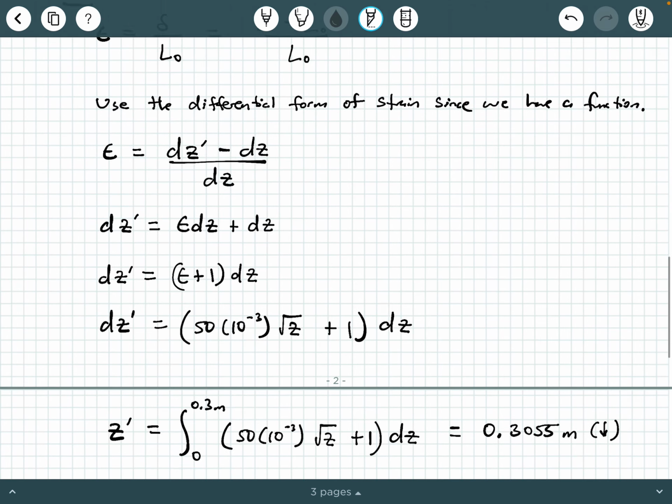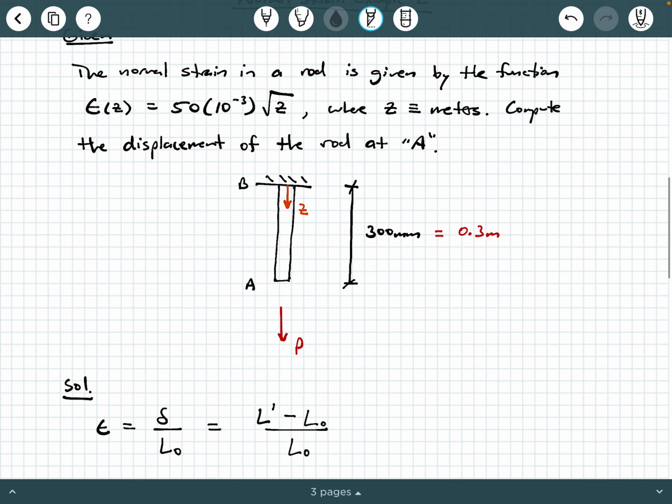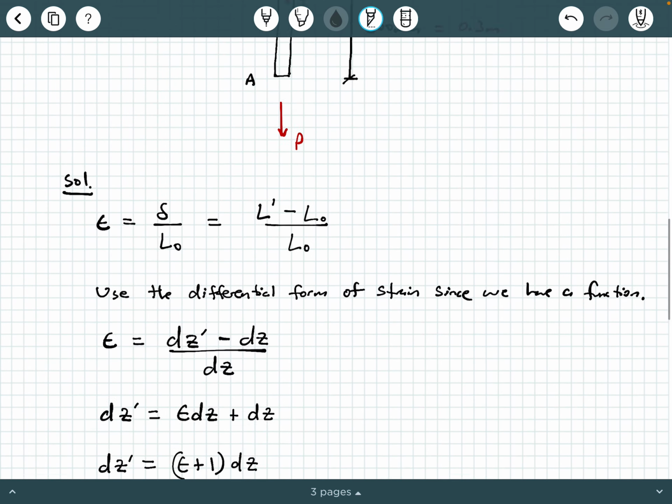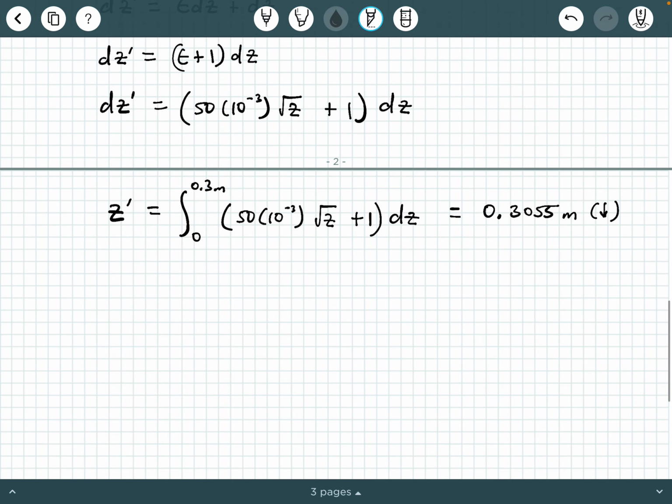So let's think about it. The original length was 0.3 meters and it deformed to a final length of 0.3055 meters, okay? So what would the actual deformation or the elongation of that point really be? Well, we can say that's going to be delta equals z prime minus L naught, all right?